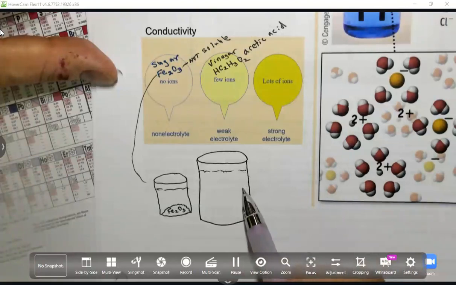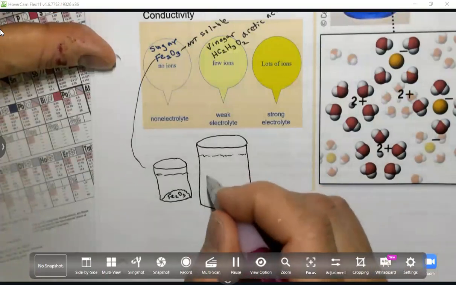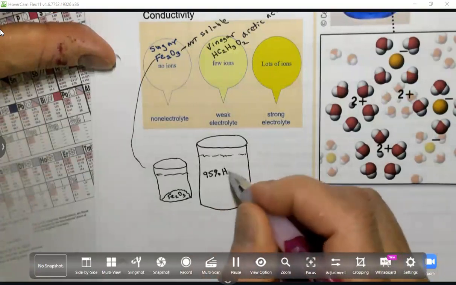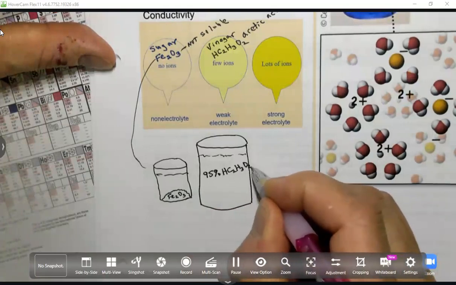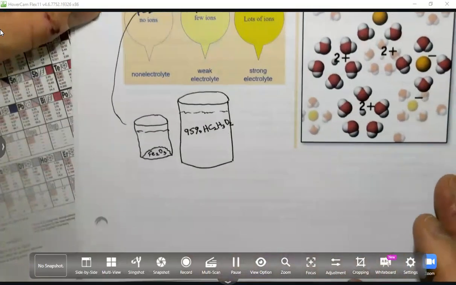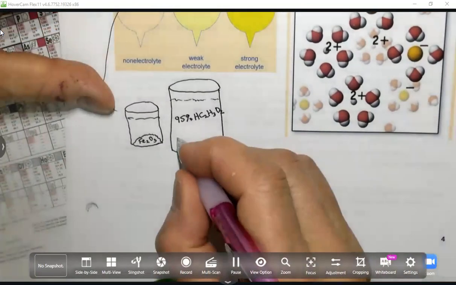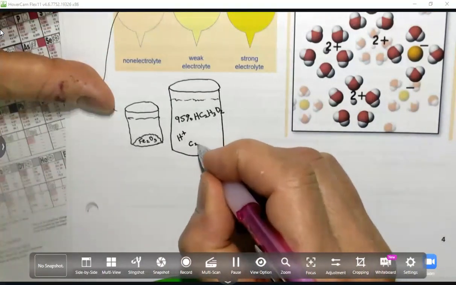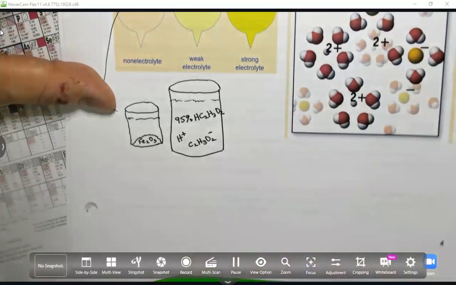Here's my beaker. About 95% of what's in there is going to be hooked together. The other 5%, you're going to get H plus, and you're going to get C2H3O2 minus.